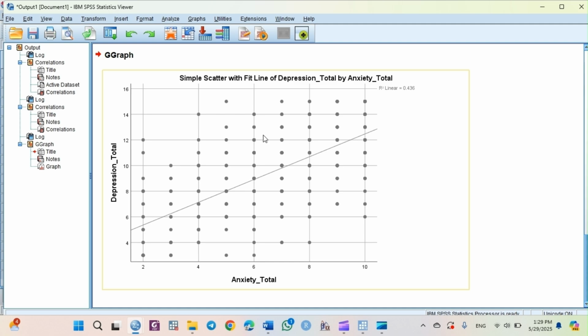Look, this satisfies the linearity assumption. So we can check scatter plots for linear trends. Sometimes the trend might not be linear, or it might be curvilinear. In that case, correlation will underestimate the strength of the relationship.